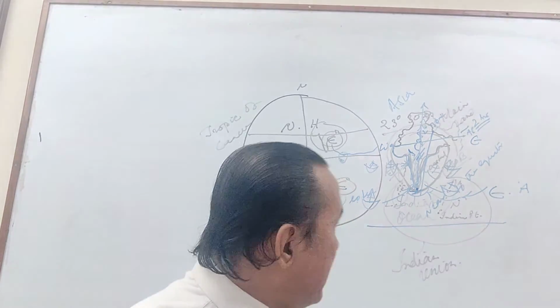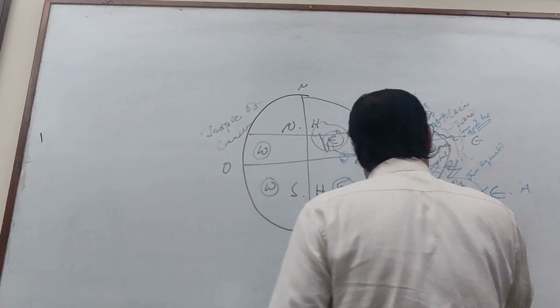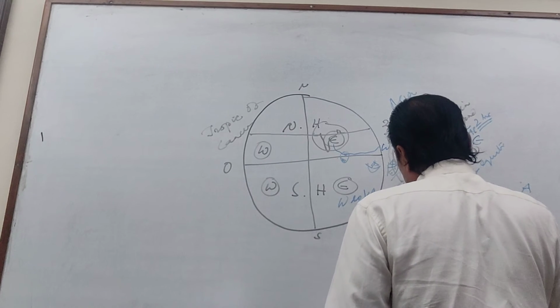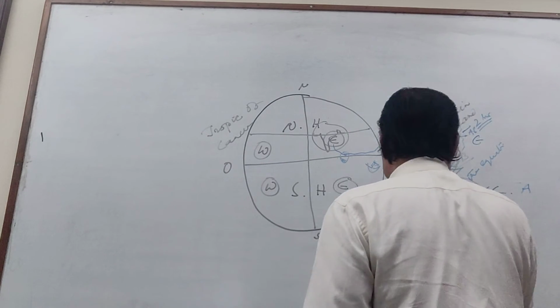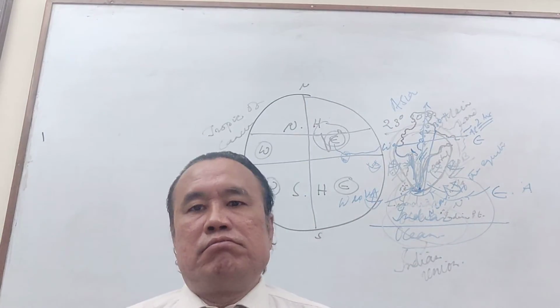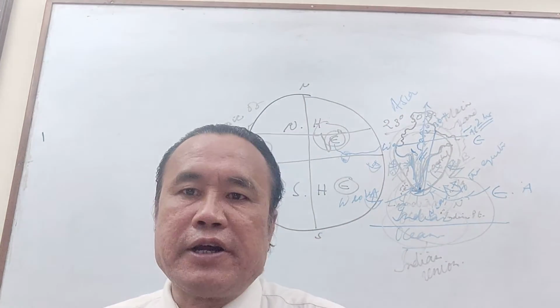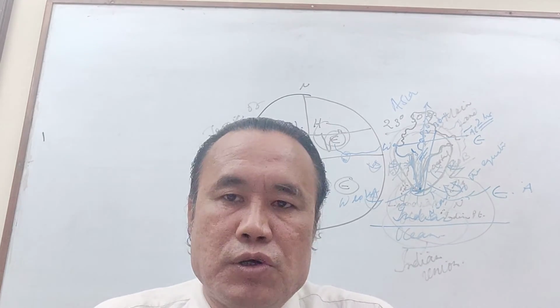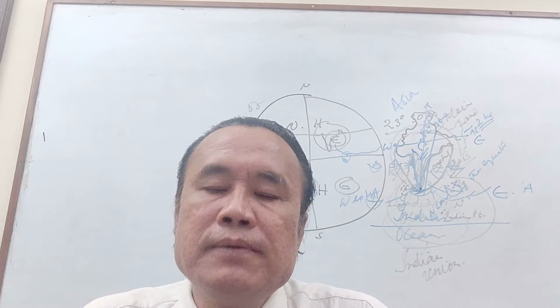So India, the Indian Ocean, this Indian Ocean is named after India. There is no ocean that is named after a country except for India, that is the Indian Ocean. Therefore, what happened?